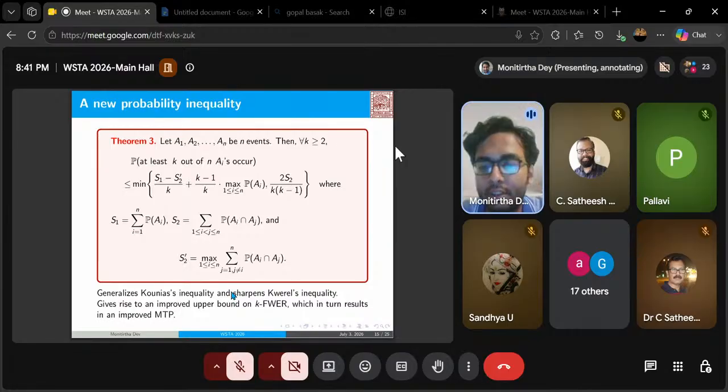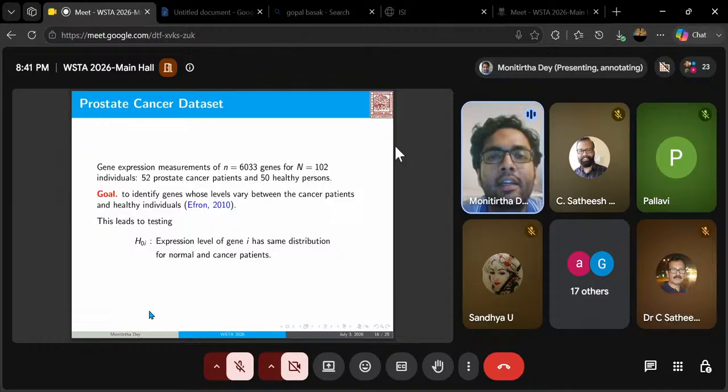For the sake of time, we shall not discuss the improved multiple testing procedure in more technical detail, but we shall elucidate its effectiveness through a real data set. We have a prostate cancer data set of around 6,000 genes for 102 individuals. Among them, 52 are prostate cancer patients and 50 are healthy persons. Our goal is to identify those genes whose levels vary between these two populations.